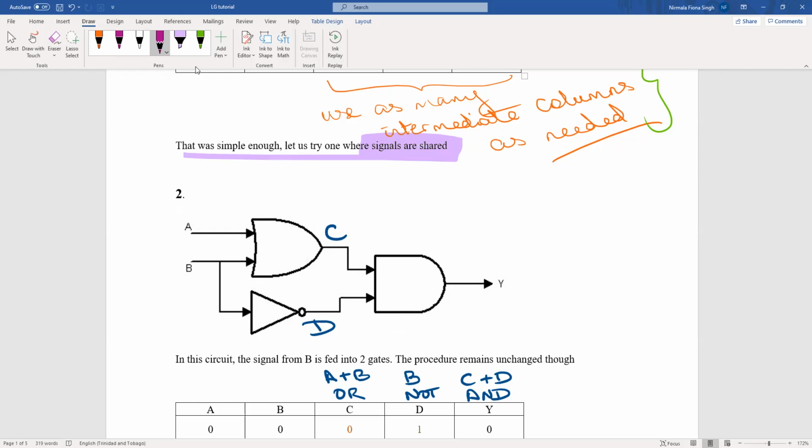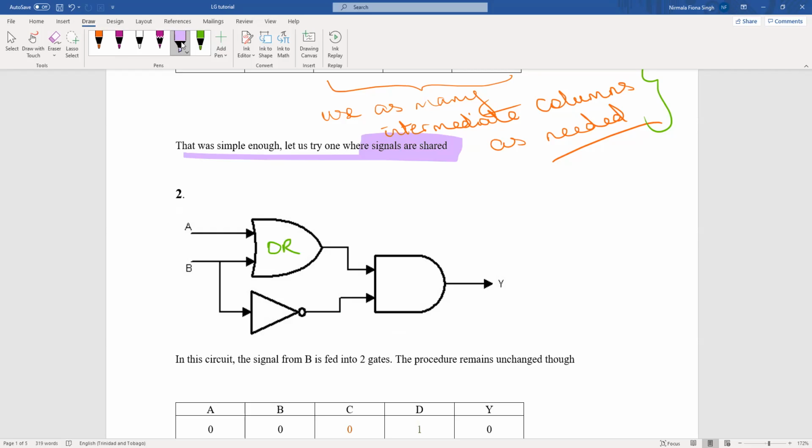We have, getting rid of these again to start from scratch, A and B. Now let's look and see what A and B is. A and B are going through an OR gate.